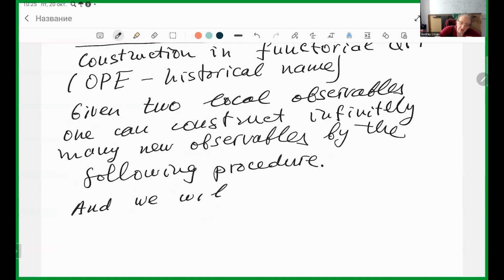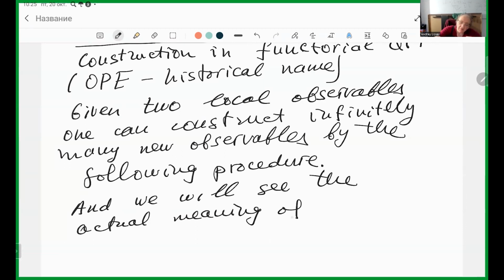And we will see the actual meaning of phi bar. Okay?